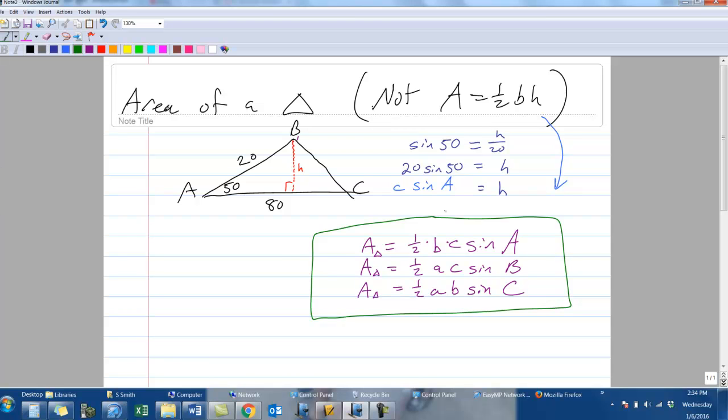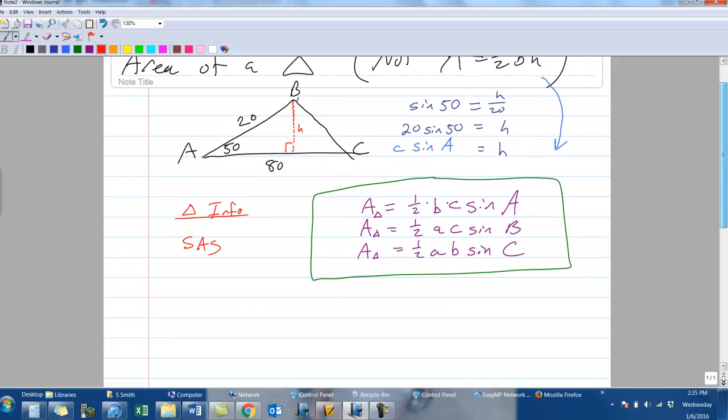As long as we know an angle and 2 sides on either side of that angle, then we can find the area of a triangle. In fact, this works when the triangle info is a SAS triangle, side, angle, side.